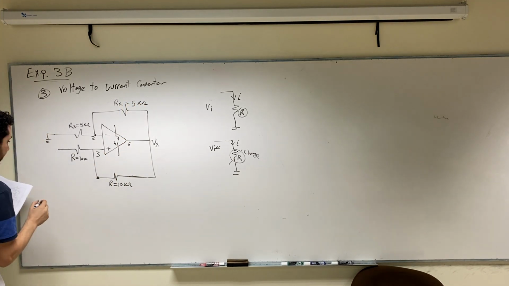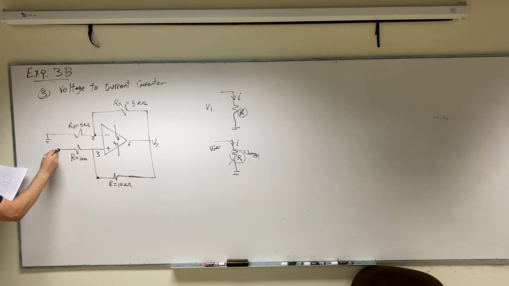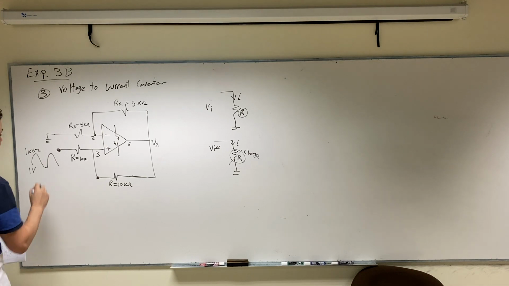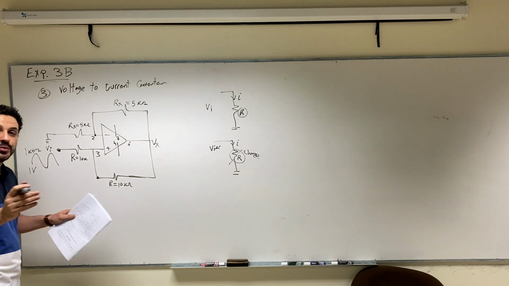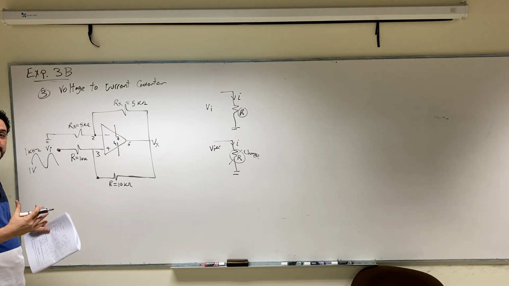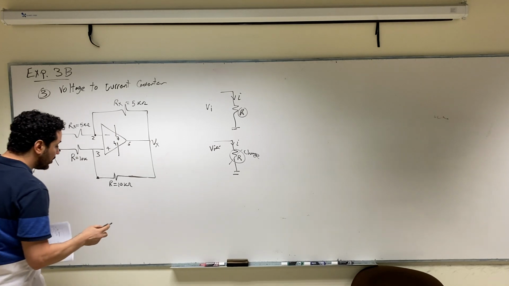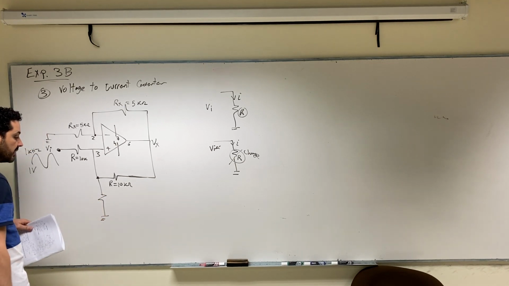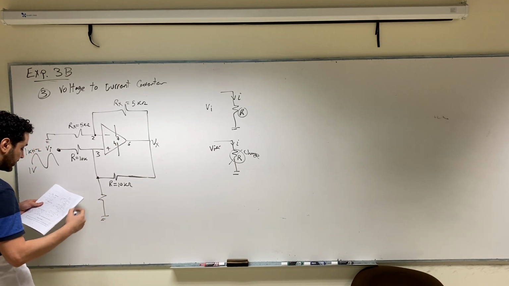And then here we are going to connect our input signal. Our input signal is a sinusoidal wave, 1 kilohertz and 1 volt amplitude. This is our input signal, V input. And our load will be here. This is your fridge, your computer, your TV.